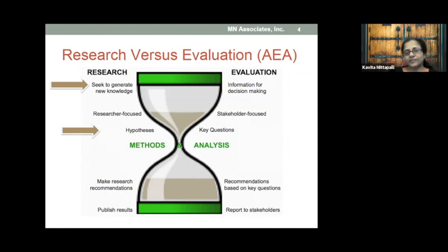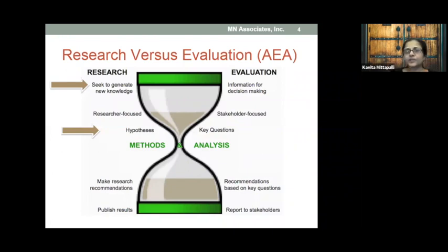So this hourglass actually is lifted from AEA, American Evaluation Association, and this was actually done by my friend, John Leavell. He is an excellent evaluator who is also an evaluation professor at the University of Minnesota. And he's the one who kindly said, lift it. It doesn't matter, because this one is one of the most popular images that differentiates very clearly, to some extent, the differences between the two.